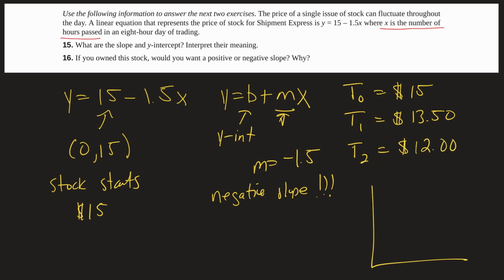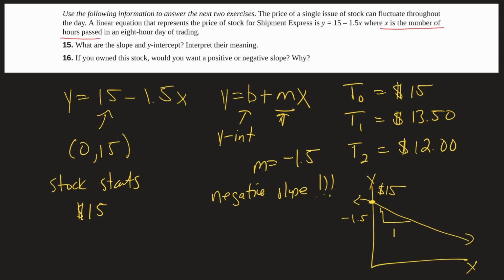So if we did a rough graph of that, it would look something very roughly like that over time, where it started at $15 and then just decreased over time. The slope here, for every 1 hour, it went down $1.50. That's the rise over run.